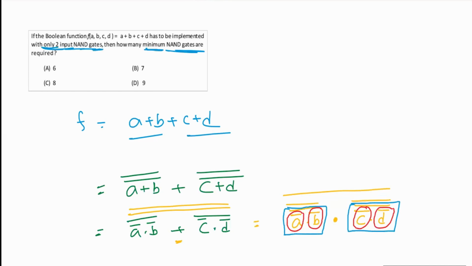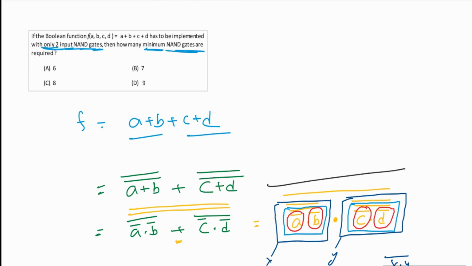For the complement of that, I again need one more NAND gate, and here also for the complement I need one more. And if this is my x and this is my y, for x bar dot y bar, I again need one more two input NAND gate.